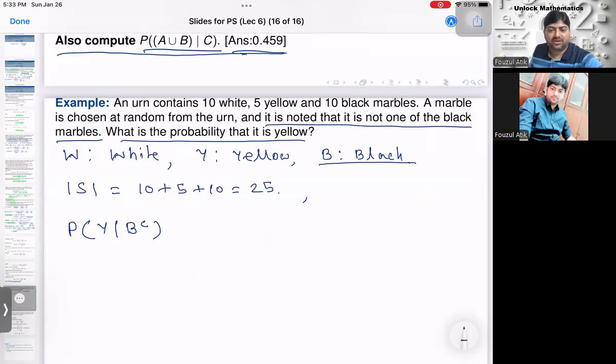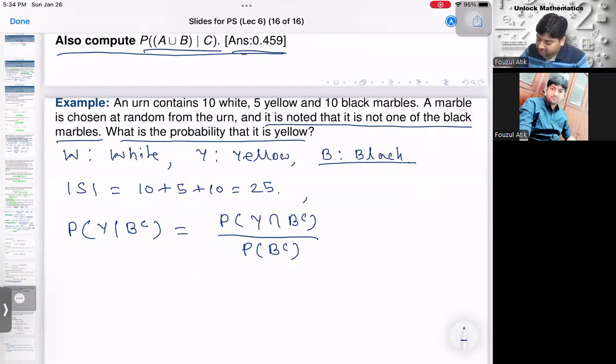Now for Y given B complement, we know the formula. It is the conditional probability formula: P of Y intersection B complement divided by the probability of B complement. Now what do we mean by Y intersection B complement? We had B, that you will be getting a black marble. B complement means it should be either white or yellow.